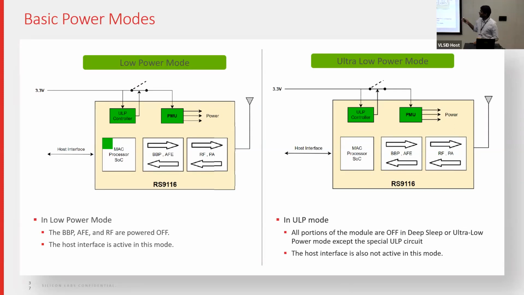In low power and ultra low power, depending on the host interfaces and the states that we shut off, the low power is maintained. For example, in low power mode, it will be in the milliamps of current, but in ultra low power, we will get microamps of current. It is further reduced in ultra low power, where we are shutting off more blocks.